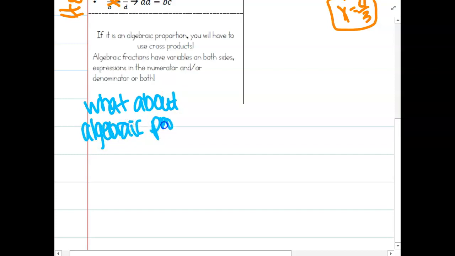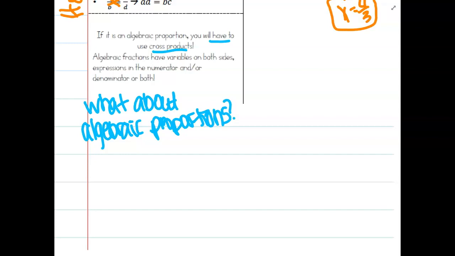If you have an algebraic proportion, you have to use cross products. It's not possible, usually, to do the multiplication property.